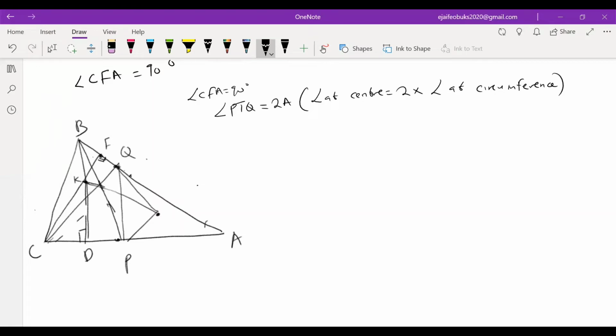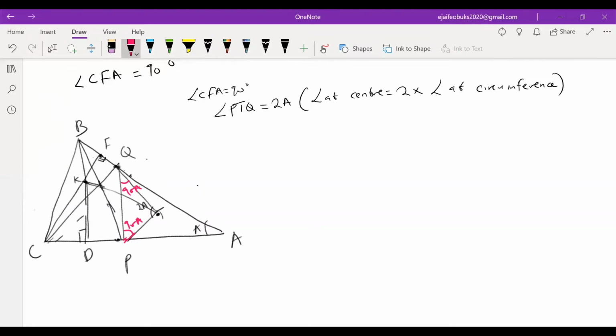So we already said this was A, then we knew this was 2A, then I'm going to change to another color now. This is 90 minus A, 90 minus A. Okay, then what else do we know?